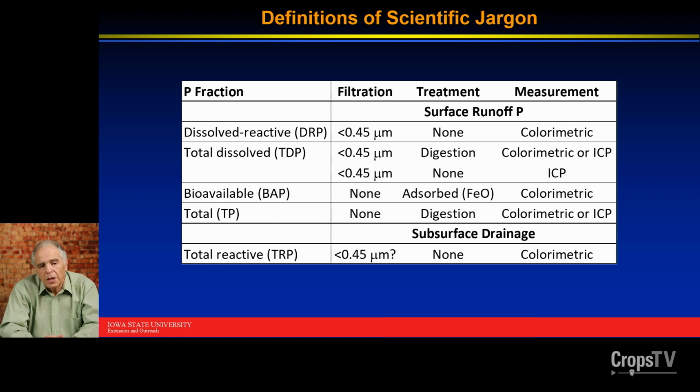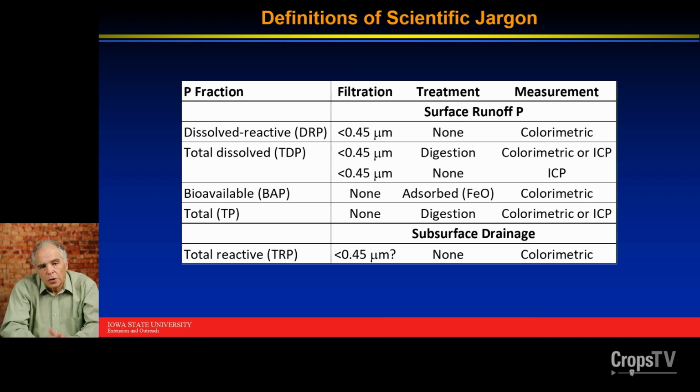Some people are beginning to use, especially over the last 2-3 years, the term total reactive P. It's mainly used for tile drainage, because they don't filter the sample through that very fine filter, because normally there is not much sediment there. It's a clear solution.